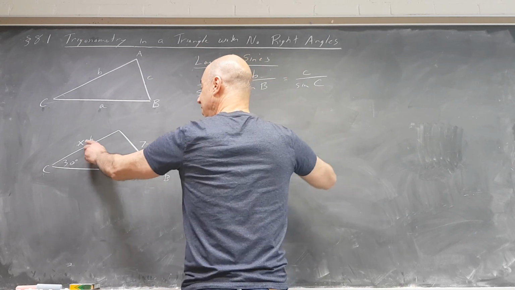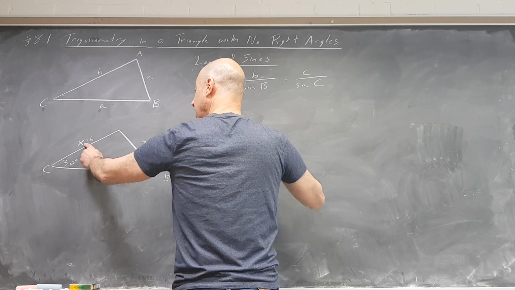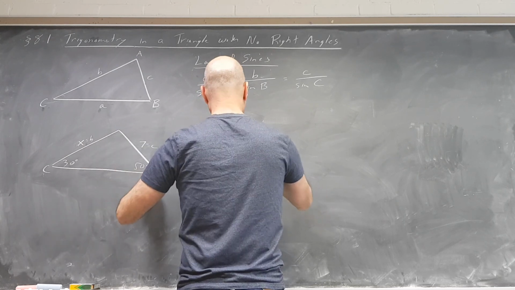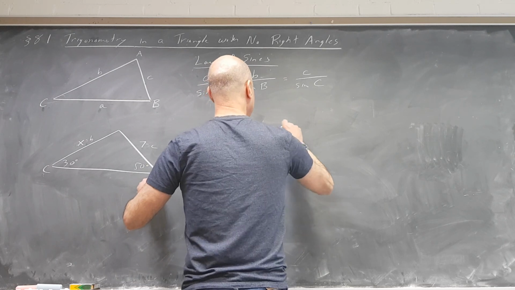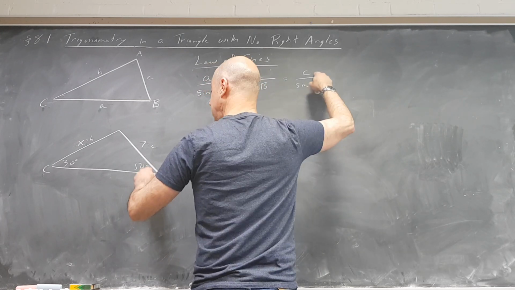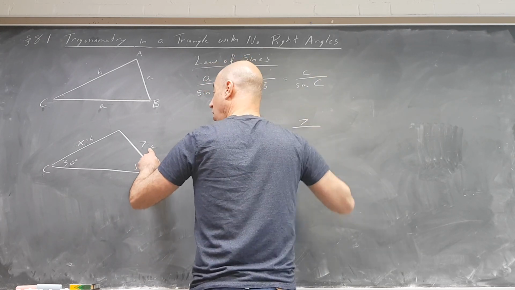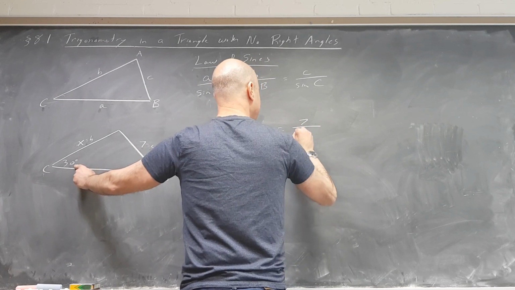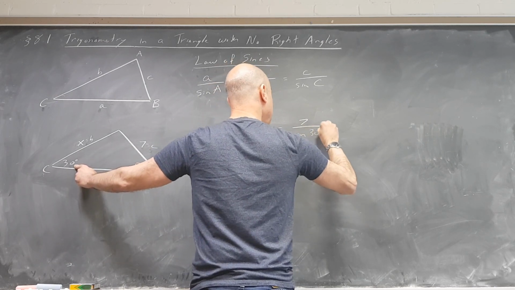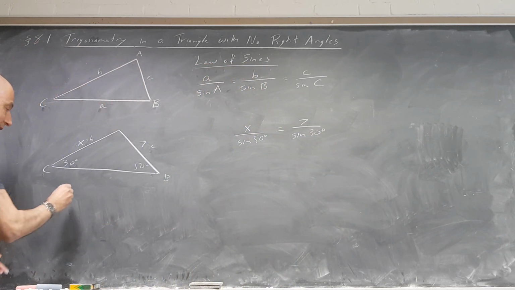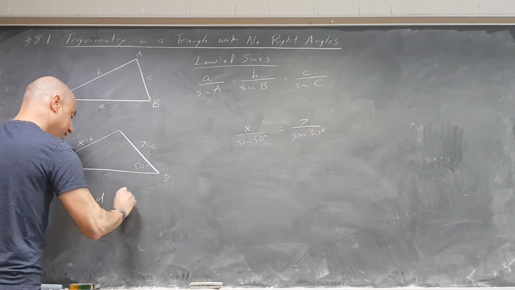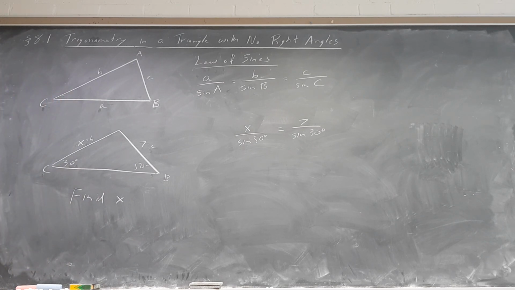So my lowercase b, x, over sine of 50 degrees equals my lowercase c, which is 7, over sine of 30 degrees. And what I'm looking for, I forgot to write it down, is to find x.